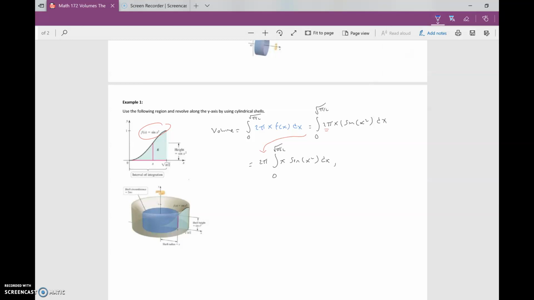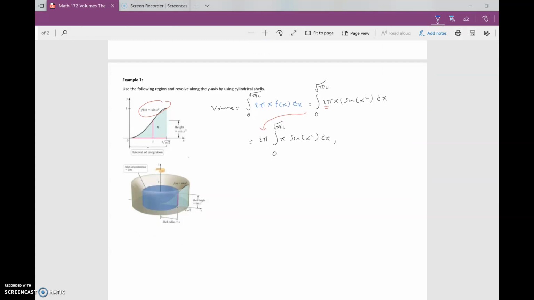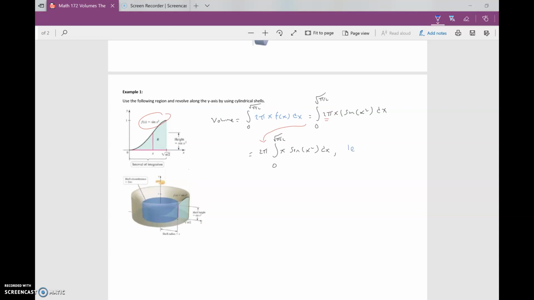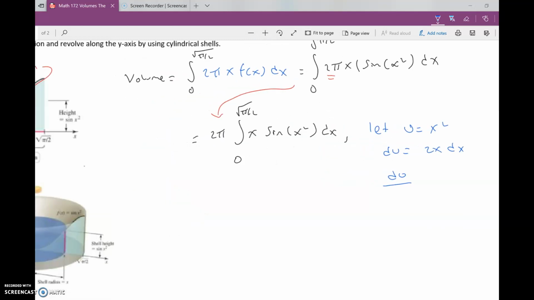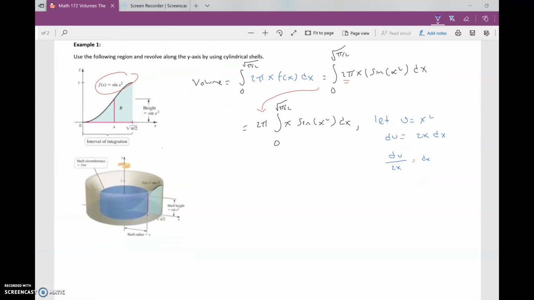Okay, so to evaluate this one, we could attempt to do a u substitution. So let u equal x squared, du is equal to 2x dx. So let me rewrite it. So du over 2x is equal to dx. And then we'll do the limits in a minute.